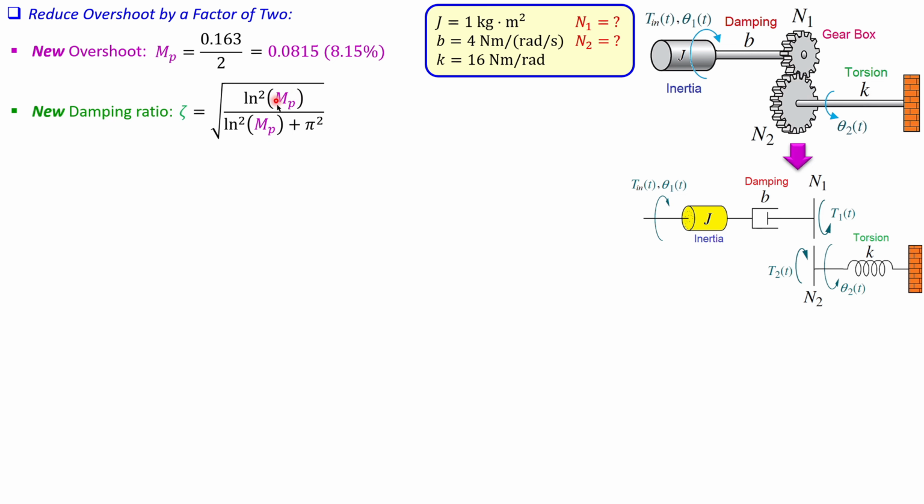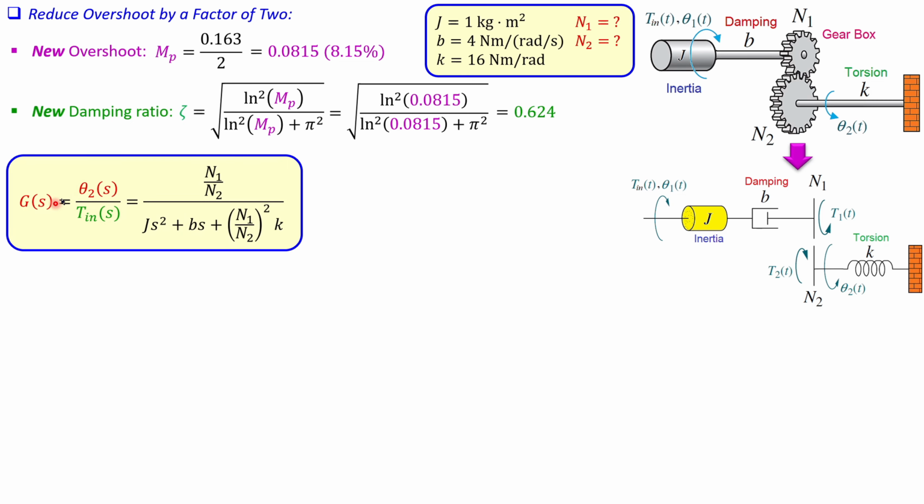MP must be substituted in here using a scalar value, not the percentage. Now, if I do that with the new overshoot, I will get 0.624. We had 0.5, so we go up. That means if you increase your damping ratio, your overshoot will decrease.